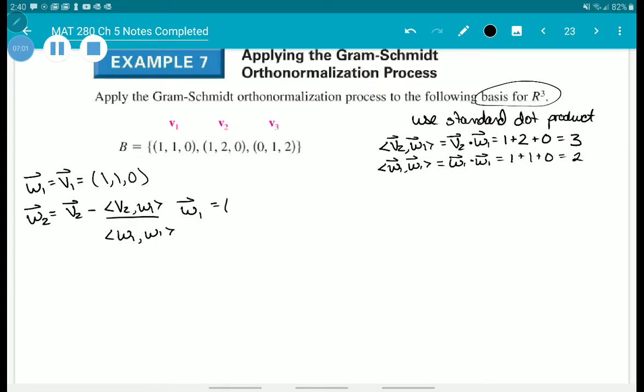So we have V2 minus the dot product of V2 W1, which is 3, over the dot product of W1 with W1, which is 2, times W1.